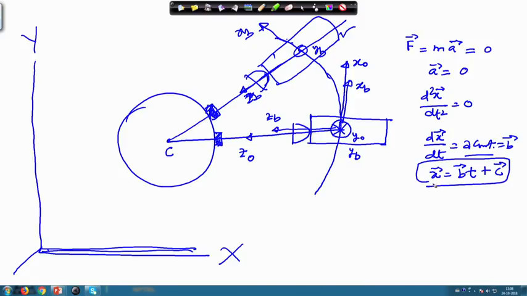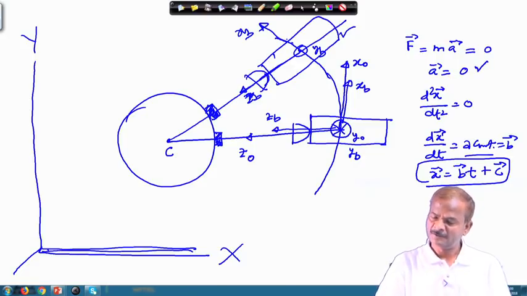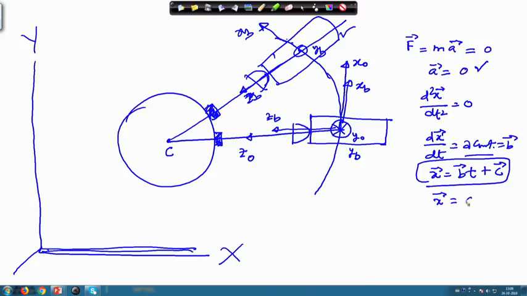So, the position of the particle is changing if the acceleration is 0. And if suppose b is 0, then x equal to c, and c is a constant. So, this simply implies that the particle remains in the same place if there is no initial velocity.